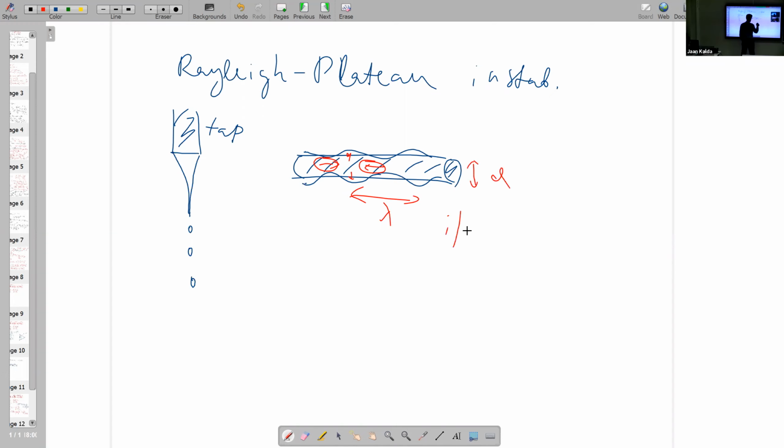So if lambda is much bigger than b, then the motion is mostly horizontal. And in the kinetic energy calculation, you can basically neglect the vertical motion of these water bodies.